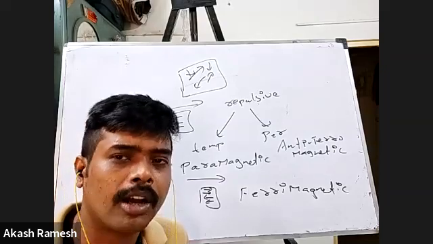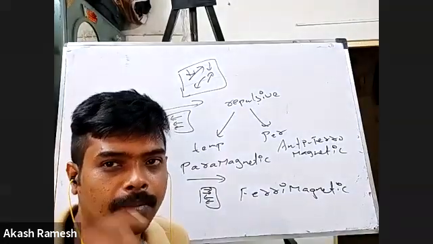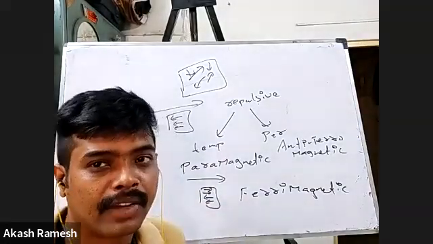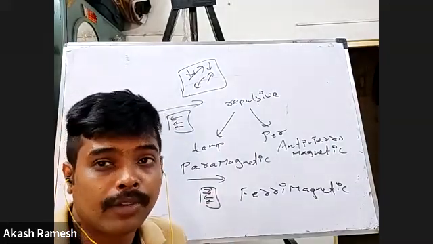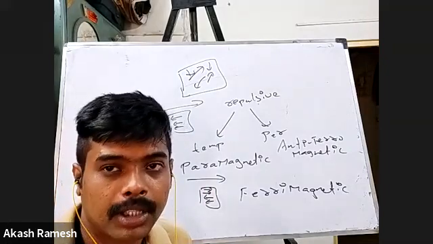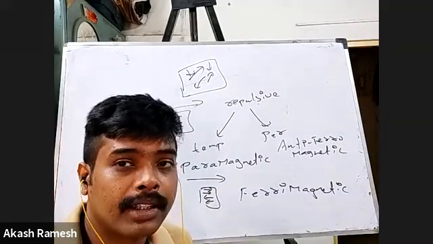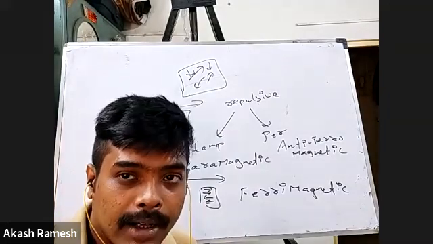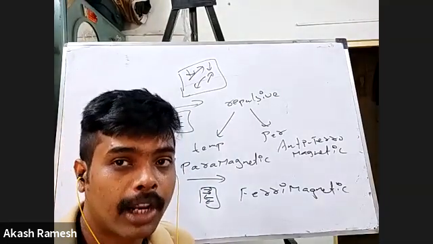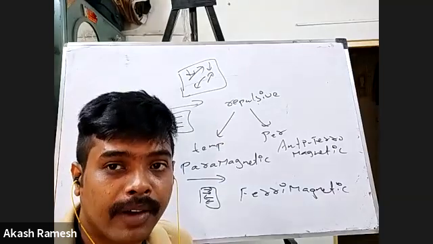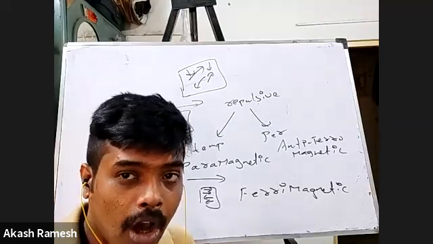Okay, fine, we understood. Now we will not be able to check like this for every substance. I'll not be able to apply a magnetic field and see how the electrons are oriented. It is impossible. So with the help of MOT, that is, your molecular orbital theory, you will be able to predict whether a particular molecule is paramagnetic or diamagnetic.